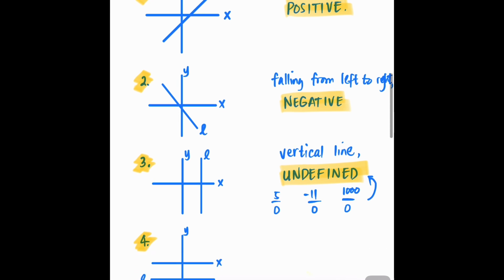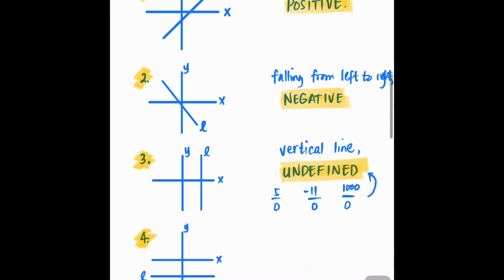And for number 4, as you see here, you have line L, which is actually a horizontal line. So every horizontal line on the grid, automatically the slope will be 0. So you can have 0 divided by 5, which is 0. 0 divided by negative 11, which is 0. 0 divided by 1000, which is 0.